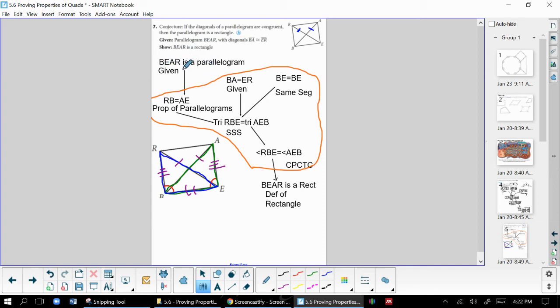You, in this case, just had to know that because something is a parallelogram, that means that the opposite sides are equal. So you've got to know those properties of all your different shapes. And then at the end, you had to know the definition of a rectangle to be able to prove that this thing is actually a rectangle. That's the new part. This stuff is still there.